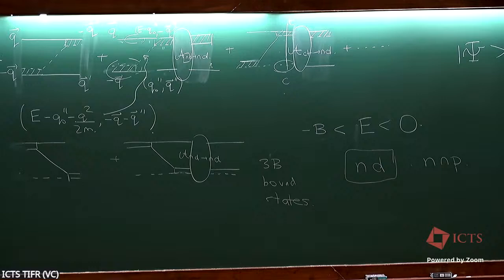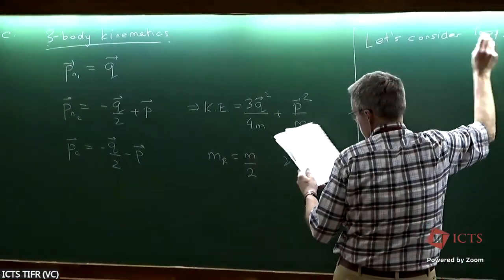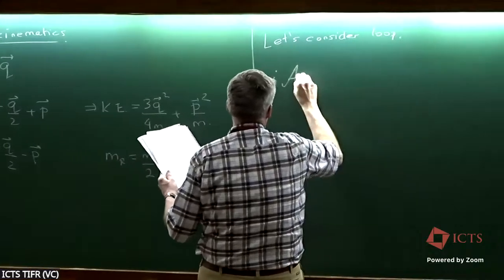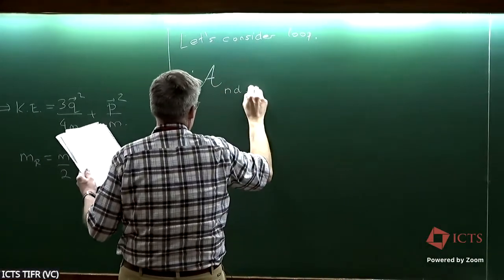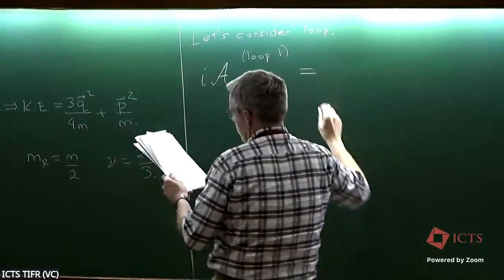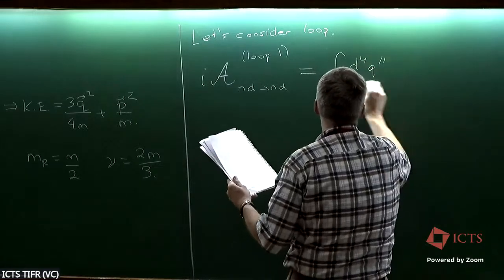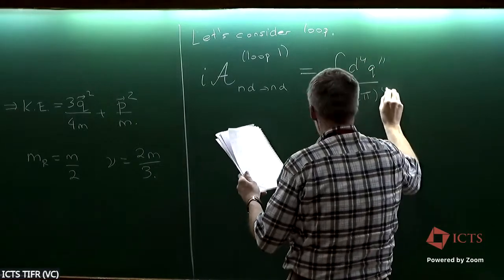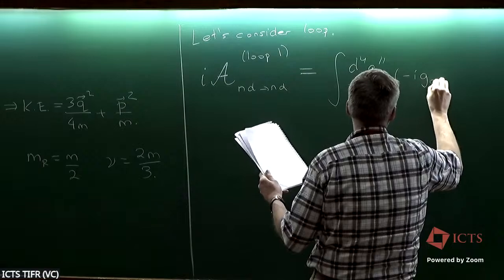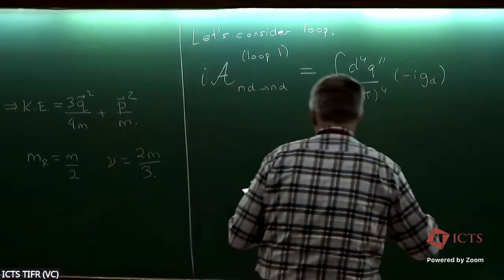All right, so let's just write down the loop like we were doing field theory, because actually we are. So the loop 1 diagram, if we're being really careful, is the integral d4q double prime over 2 pi to the 4th, minus i G_D, because there's a coupling where the dimer breaks up.